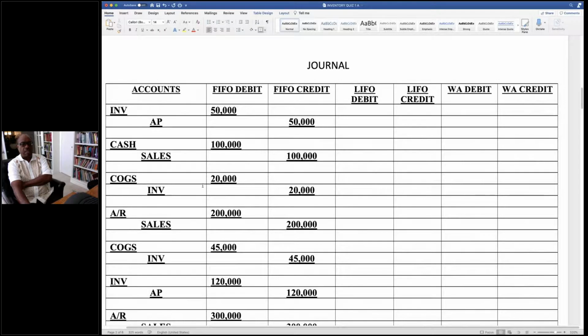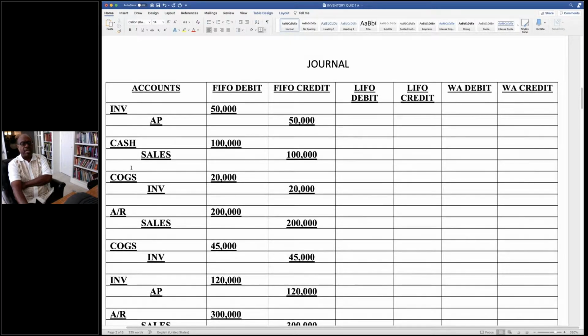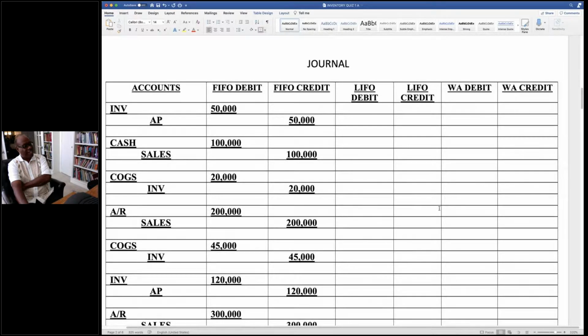Only the cost of goods sold journal entry changes. So that's why I have the journal in this format. When you do the other methods, those top two journal entries carry over each time, and you only get a different number for COGS. It makes it simple. You don't have to rewrite another journal for each one. We just have it all on one journal.